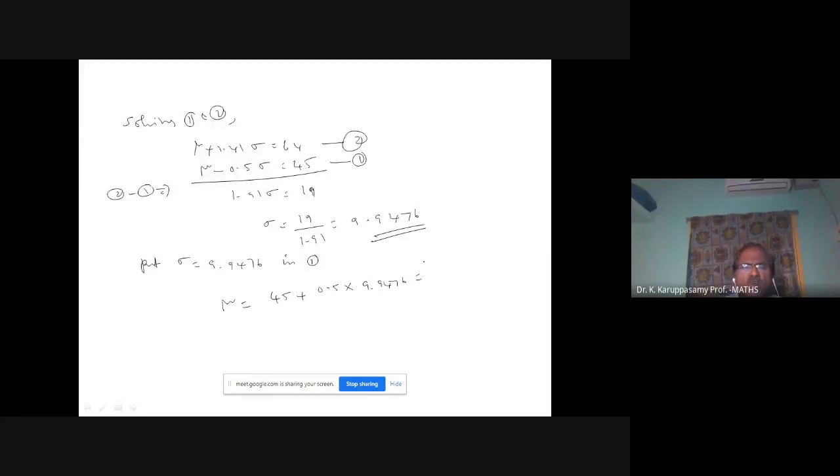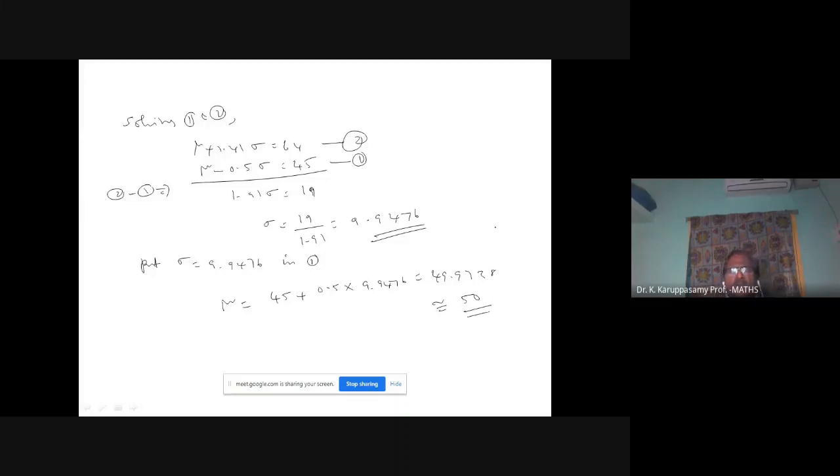In the first equation, you substitute the sigma value so we may get the mu value. 45 plus 0.5 into 9.9476. If you have any doubt, please ask. That is 49.9738, or approximately 50.